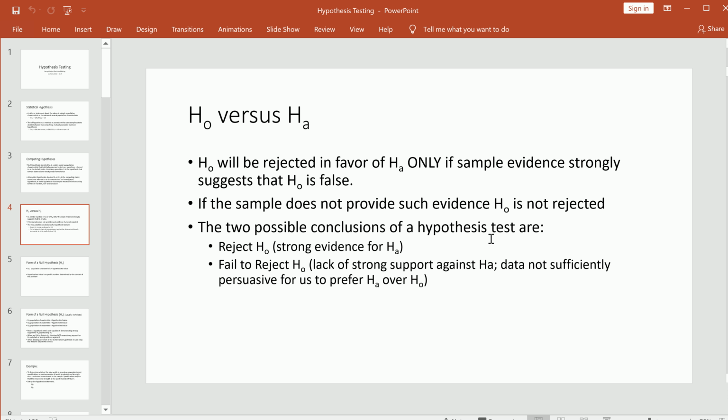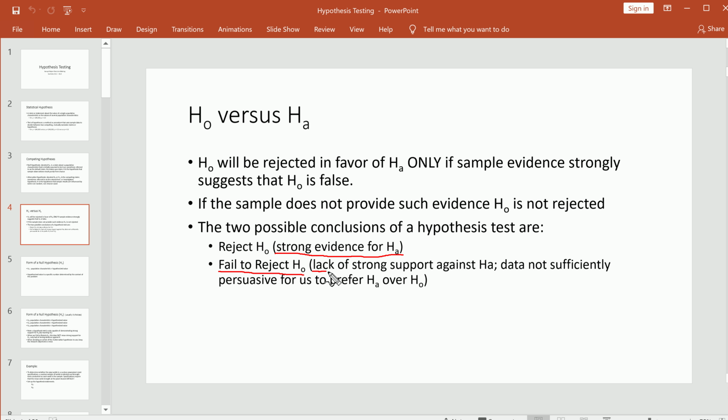So it comes down to H0 versus HA. And the null, H0, will be rejected in favor of the alternative only if sample evidence, sample data, strongly suggests that the null is false. If it doesn't suggest that the null is false, the null is not rejected. So there's two possible outcomes in a hypothesis test. Either you reject the null hypothesis, okay, which implies that you have strong evidence that the alternative is true, or you fail to reject the null hypothesis, which is a little weaker.